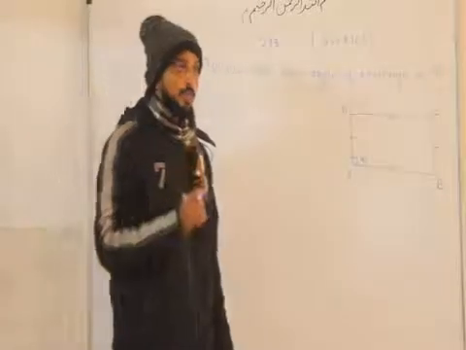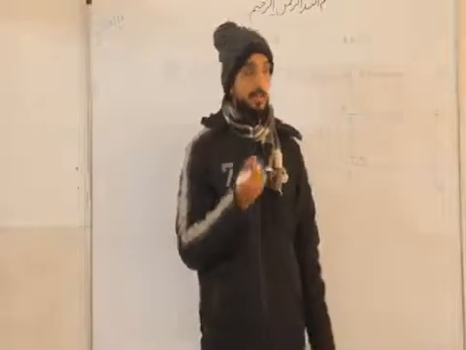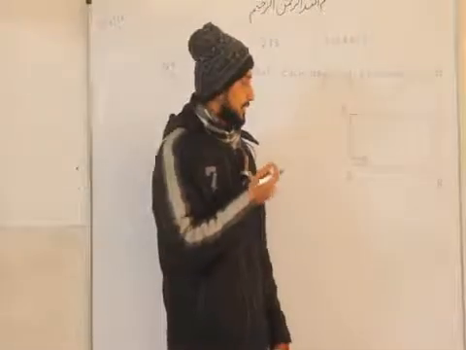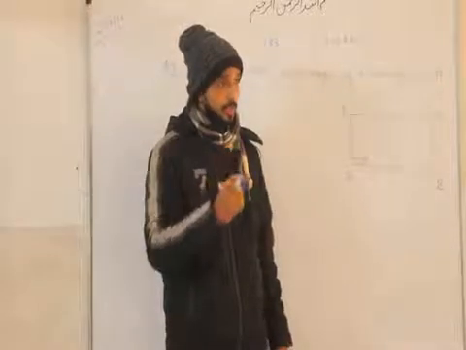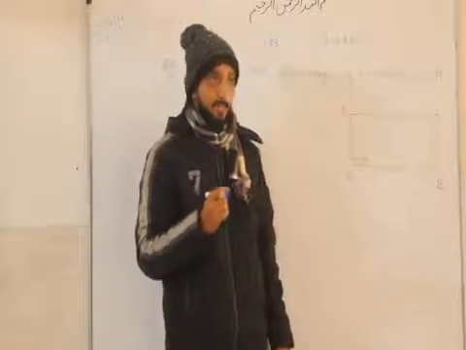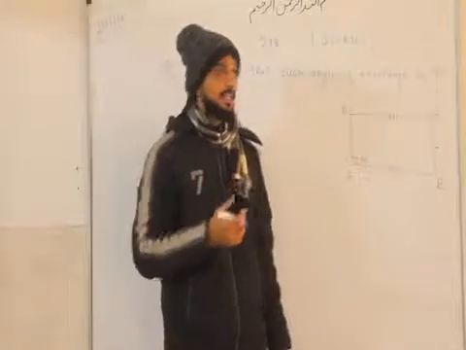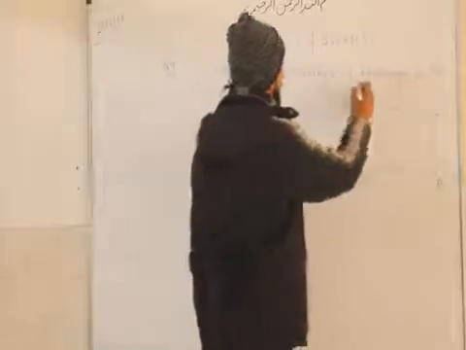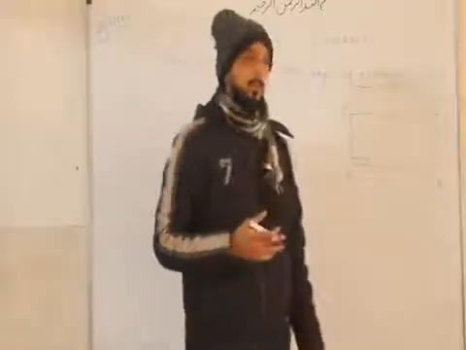So the basic thing is that whenever we are talking about a rectangle, one angle we consider as 90 degrees. A figure whose opposite sides are equal and parallel and one angle is right is a rectangle. So this is the given condition. Otherwise we can't say it's a rectangle; we can say it's a parallelogram.